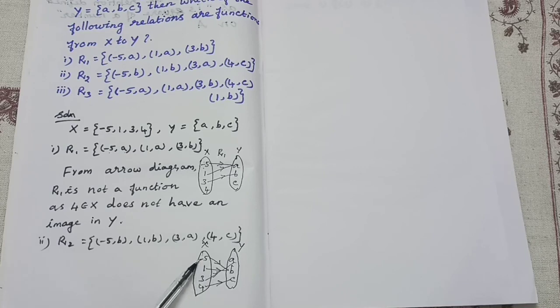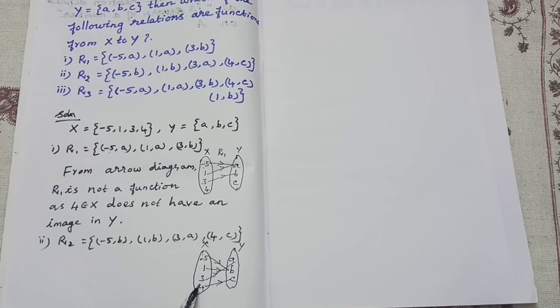What's the image of minus 5? B. What's the image of 1? B. What's the image of 3? A. What's the image of 4? C. Isn't it? Then from the arrow diagram, what we can write is whether it is a function or not. Yes, it is a function. How?